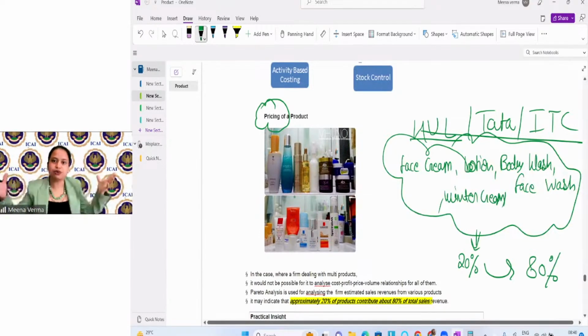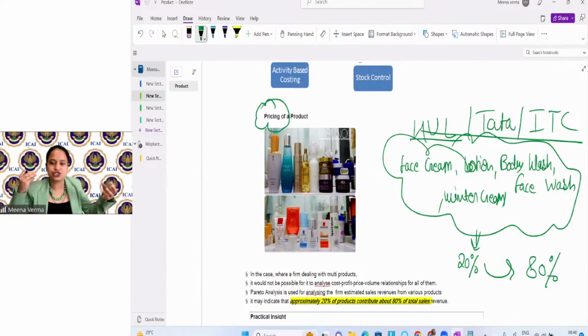But the company is selling so many products: conditioner, shampoo, face wash, face cream, winter cream, moisturizing cream, sunscreen. The company is selling so many products.